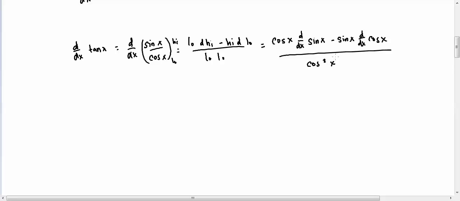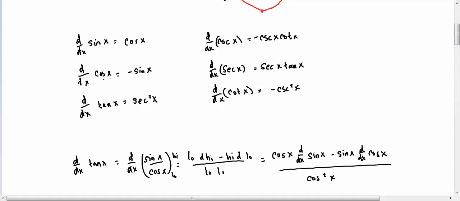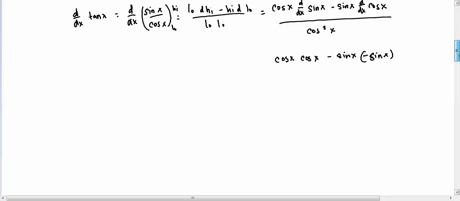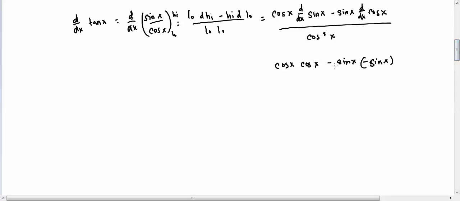Alright, well, we know what this is. The derivative of sine of x is cosine of x. So this would be cosine of x times the cosine of x, also known as cosine squared of x. And this is sine of x times the negative sine of x, because the derivative of cosine of x is negative sine of x. So I guess this would change into a plus, right? Over cosine squared of x.